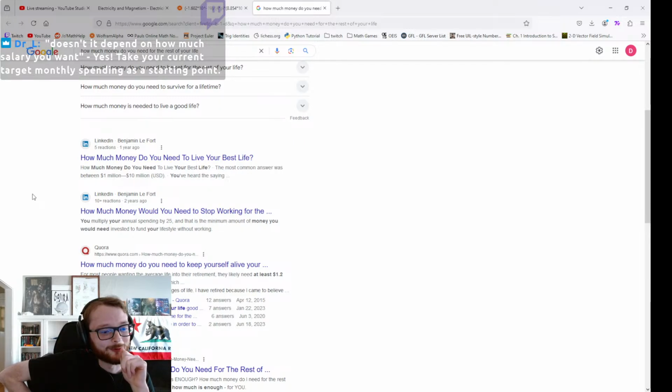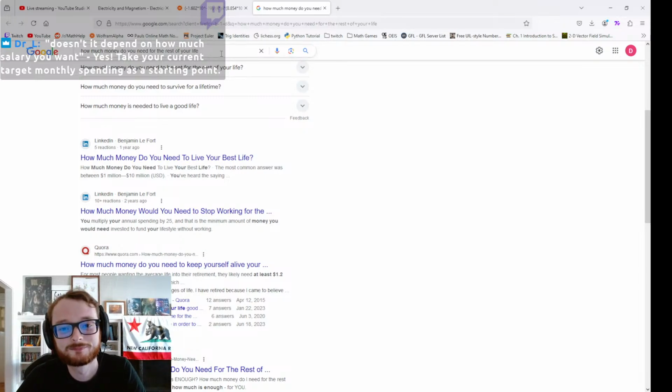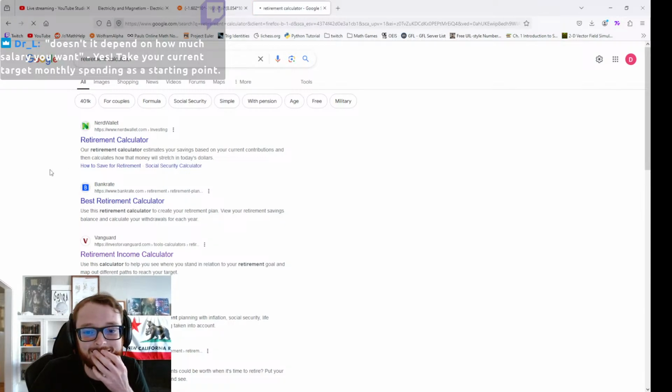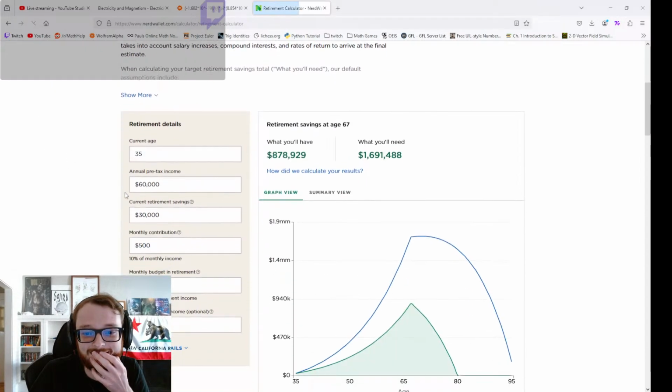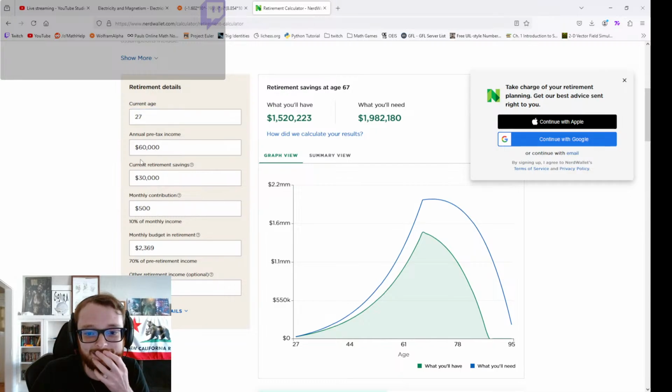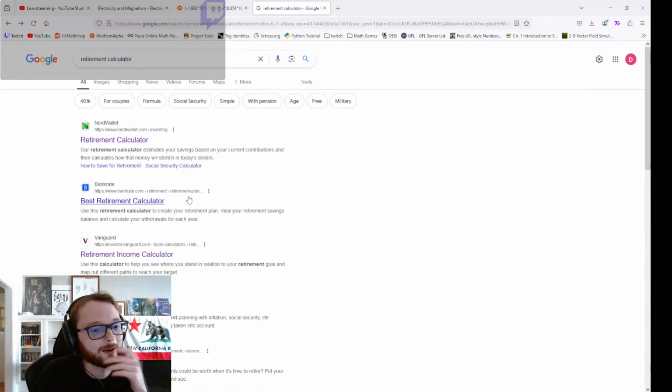Spending as a starting point. Maybe just a retirement calculator. Current age, 27. Oh, wait, I don't have to make it this complicated.